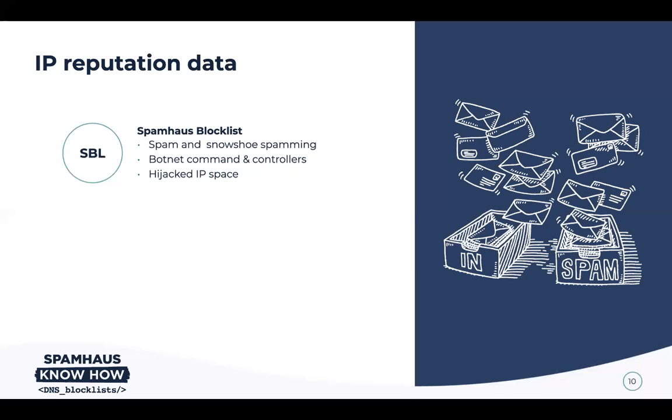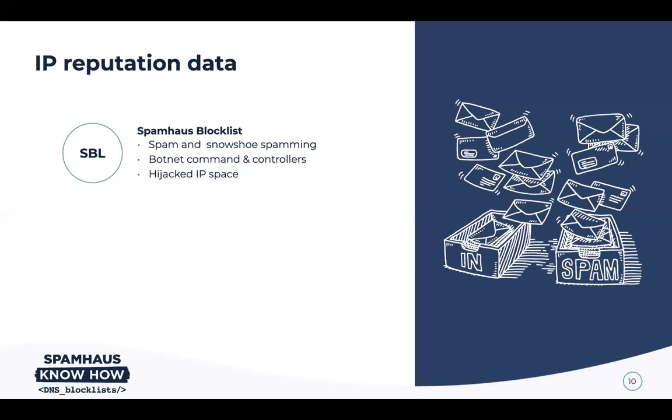It also starts the interaction with the network owner in order to remediate the issue that was identified. And that is why, even though it is still manually created, the SBL is still a valuable tool to Spamhaus.